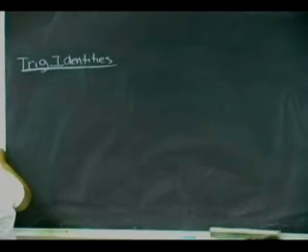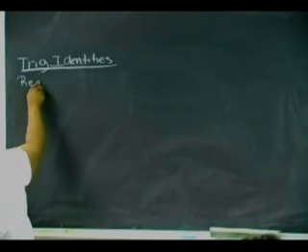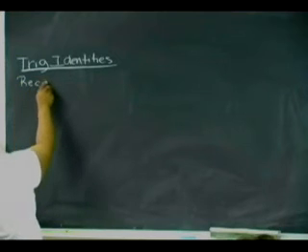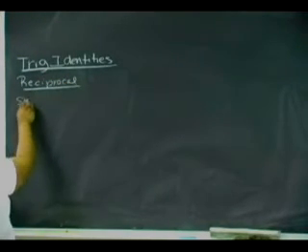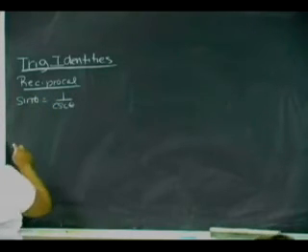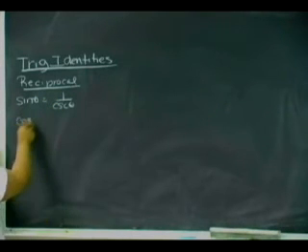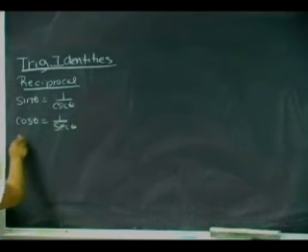We can look at the reciprocal. I think we've already gone over these, but we'll make mention of them again. Sine theta, 1 over cosecant theta. Cosine theta, 1 over secant theta.